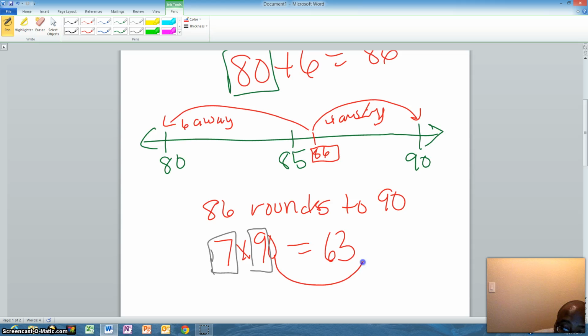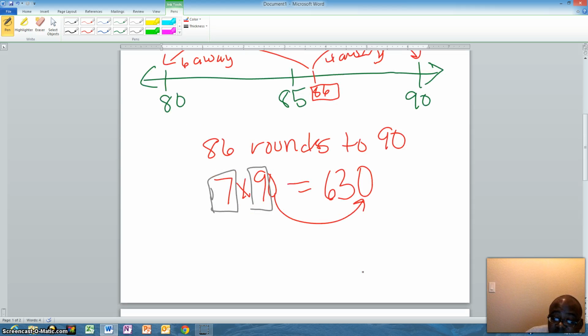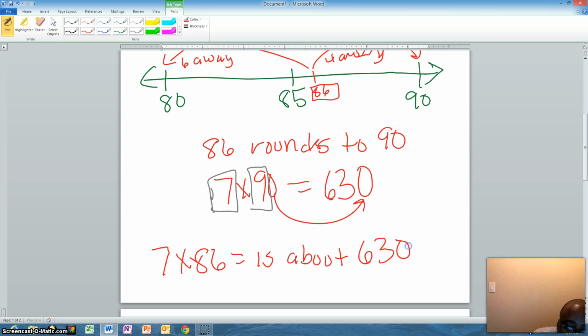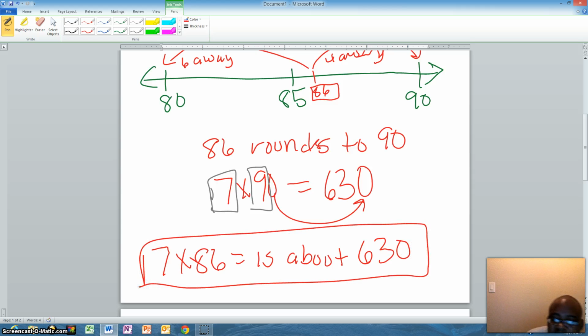We bring our annoying brother or our annoying sister along with us, and 7 times 90 is 630. So now plug that back into our multiplication problem. 7 times 86 is about 630. Go ahead and put a box around that to make it look nice and neat.